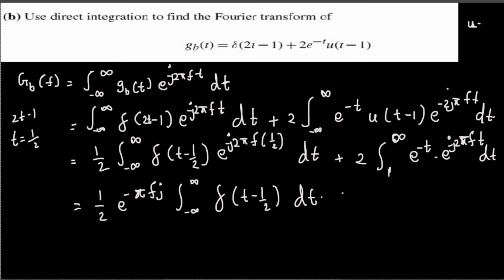But let's look at the other one. We can integrate, but before we do the integration we can combine them together, 1 to infinity, then when the e powers multiply, the power will add up.